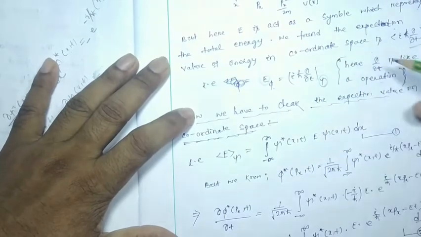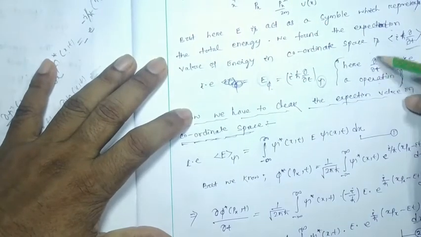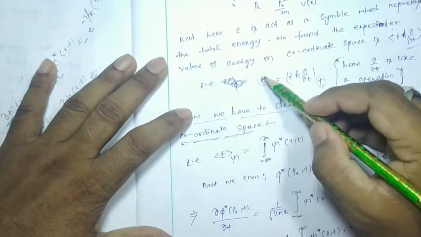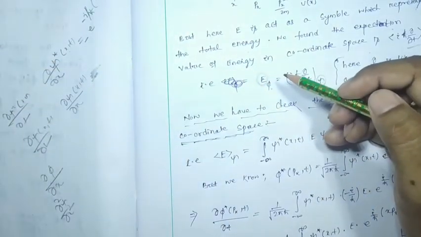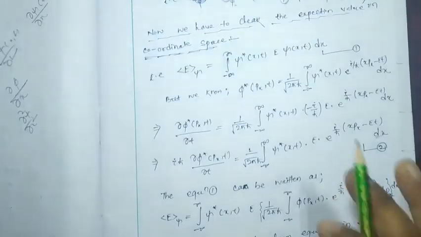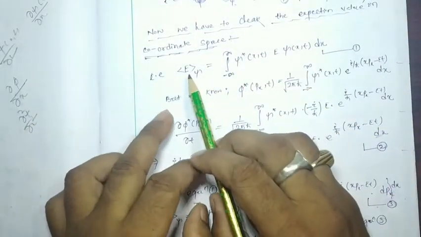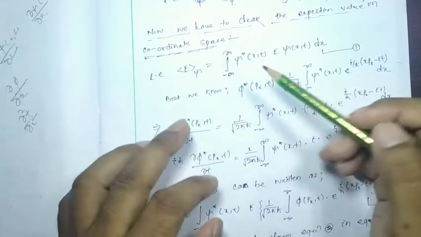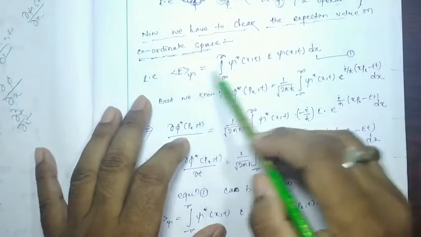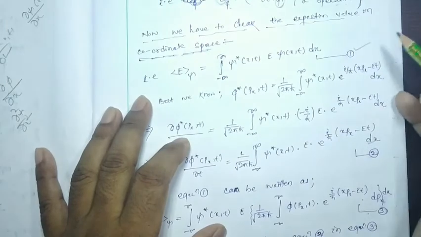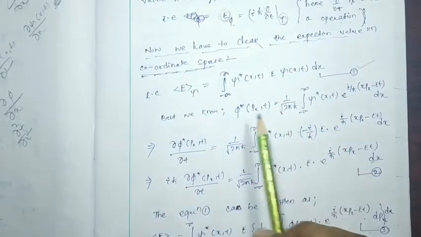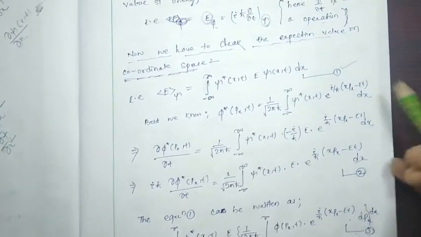See, del by del t is one type of operation. So here E looks like a symbolic type. Only for that we have to check the reverse way: the expectation value of E in coordinate space, how much is it? If we consider like this, then this will be equation number 1, psi x t E psi x t dx. Psi star, but phi star p x t is this much.